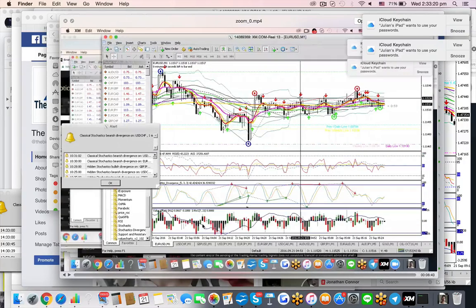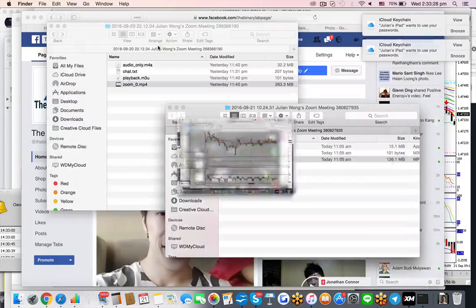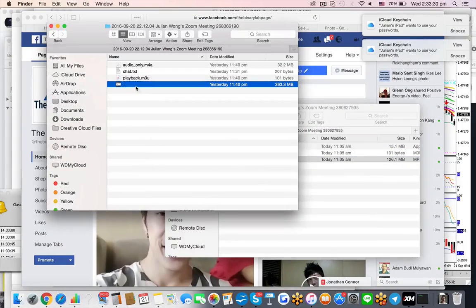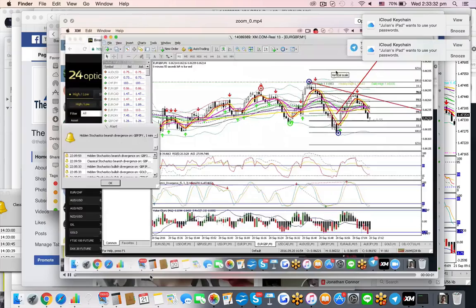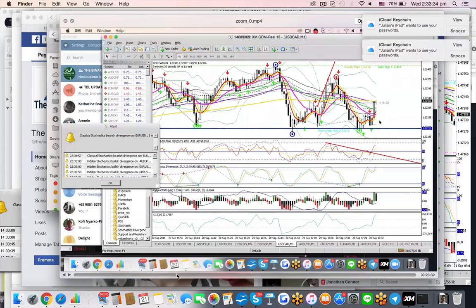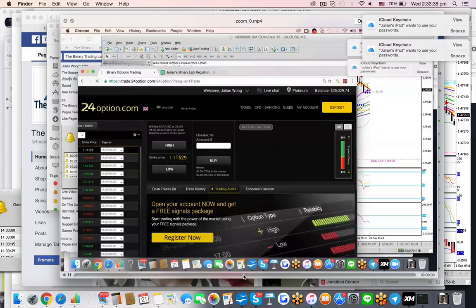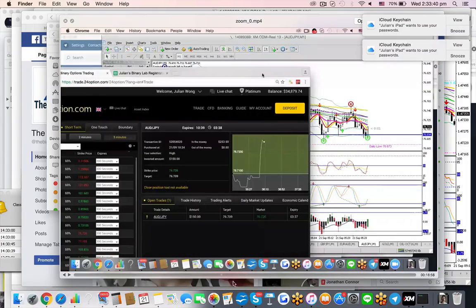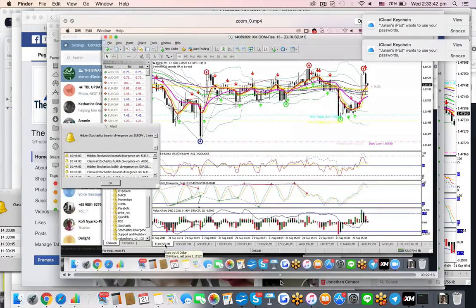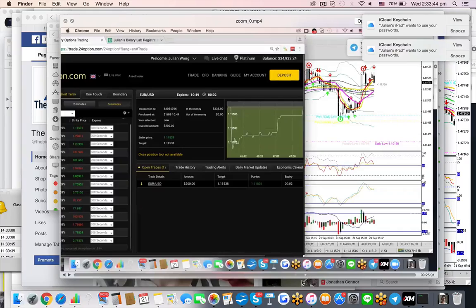So a lot of the movements, look, compare and contrast these kind of movements versus this one. I mean, huge difference. If you just look at it, the differences are just so glaringly obvious, and this is why it's so important to watch your past trading.